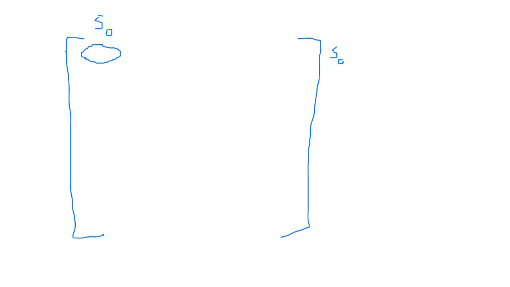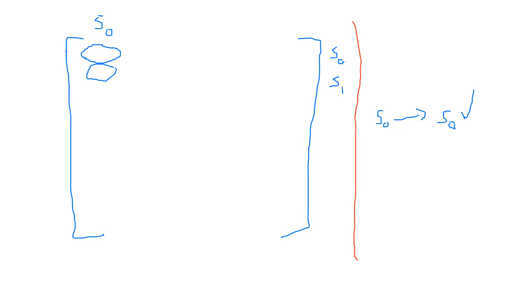Then after a certain time interval, there could be nobody in line. If initially there's nobody in line, could there be one person in line? What I'm saying is we know that we can go from state 0 to state 0 with a certain probability. We know that, right?